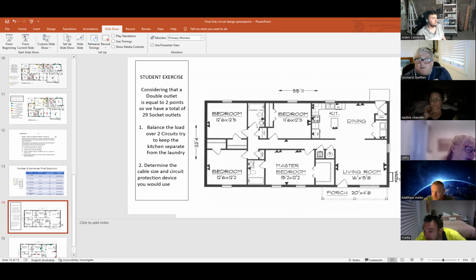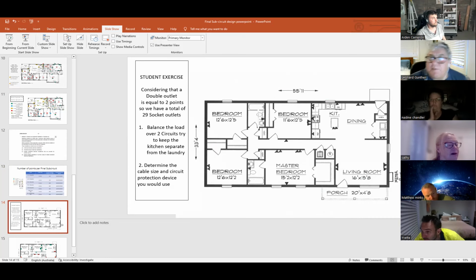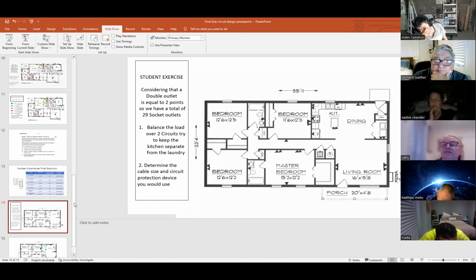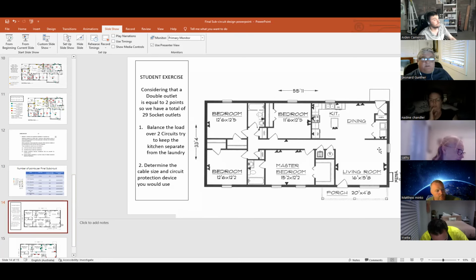All right, well, all those who have printed that up for themselves, you can work on that quietly. And with the other guys who haven't got it, we've got a house here. And you guys who are doing that quietly, don't look at the screen.